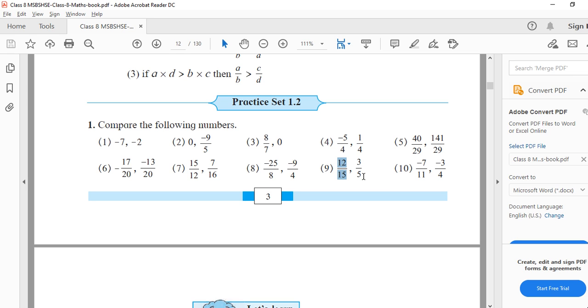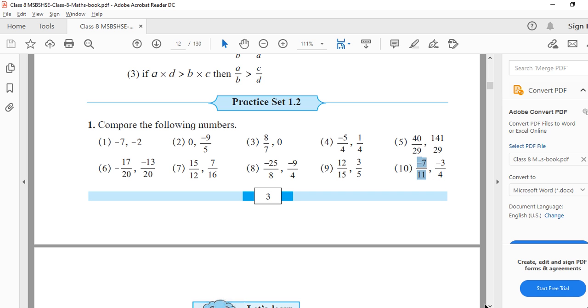This should be your answer, this should be your bigger number. Now let's complete sum number 10. 7 4 is 28, so your left hand side is negative 28, 11 3 is 33, your right hand side is negative 33, negative 28 is bigger, so this will be your bigger number, minus 7 upon 11.